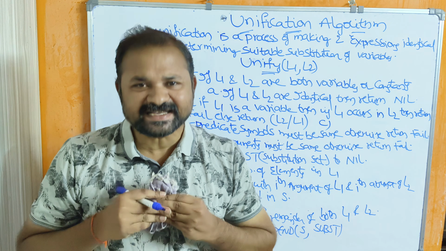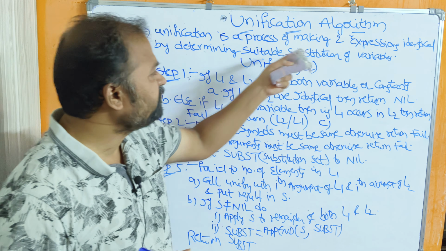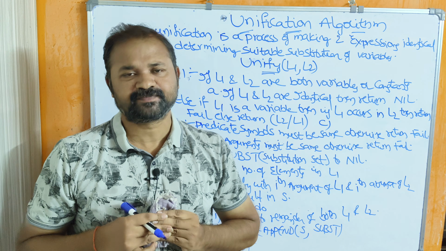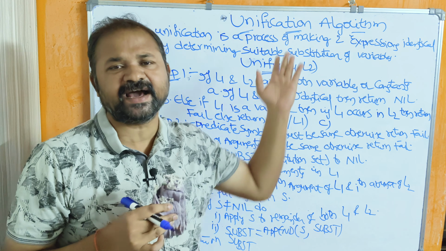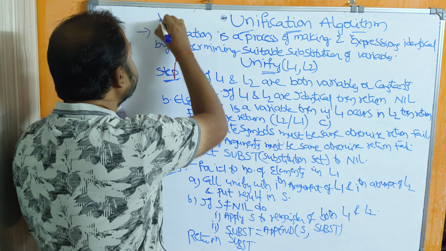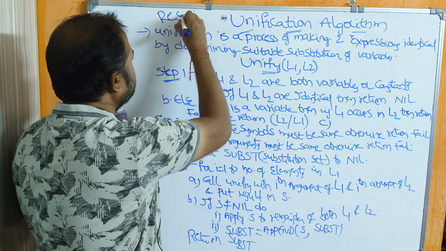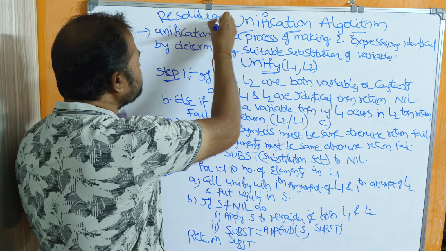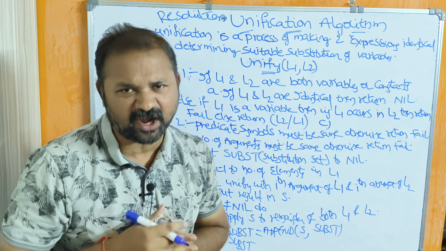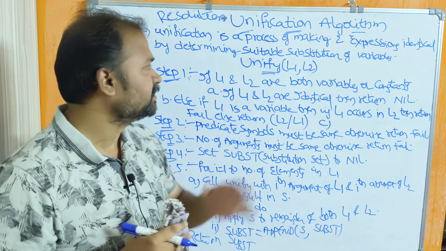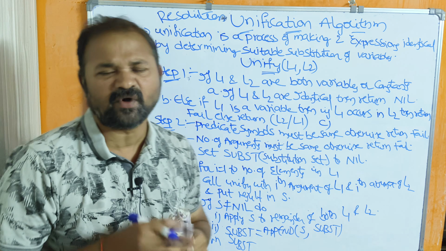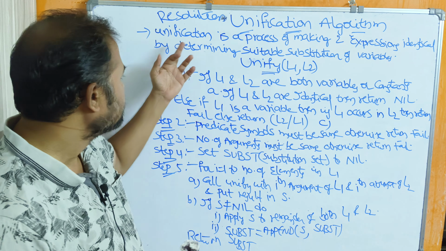Now let us discuss the unification algorithm in artificial intelligence. The unification algorithm is mainly useful in resolution, in propositional logic as well as predicate logic or first order logic. First, let's see what unification is.